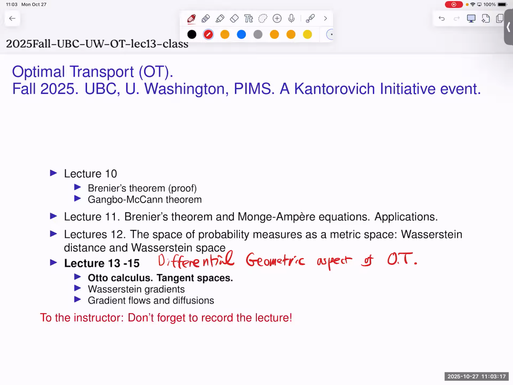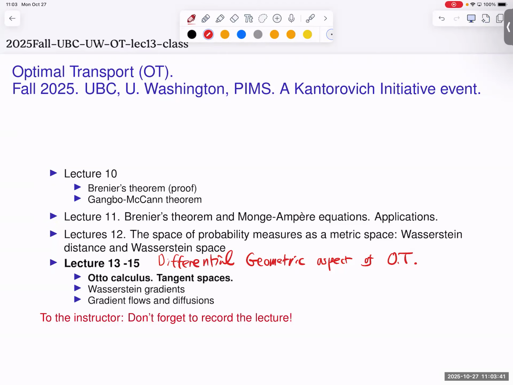Okay, so we were considering this metric space aspect of optimal transport, right? So we can put the so-called Wasserstein metric on the space of probability measures, and we can consider a natural distance between two probability distributions.